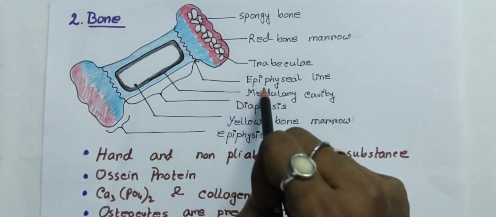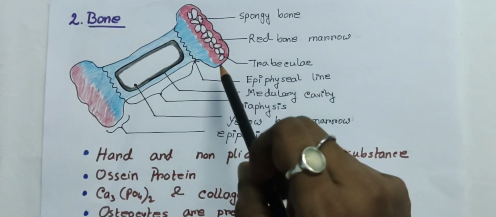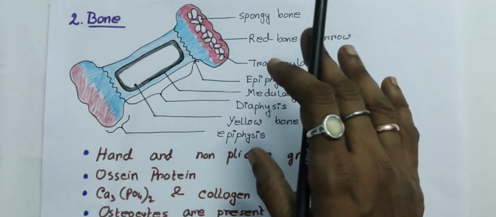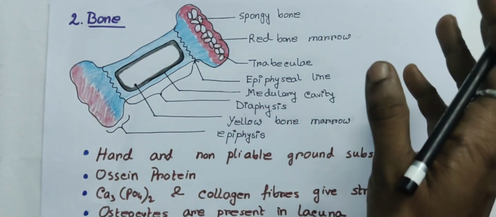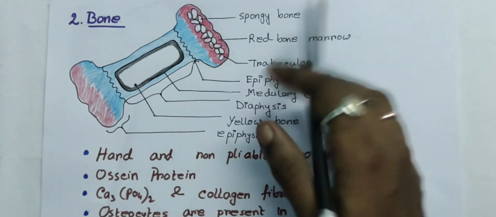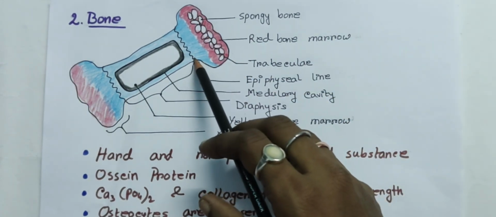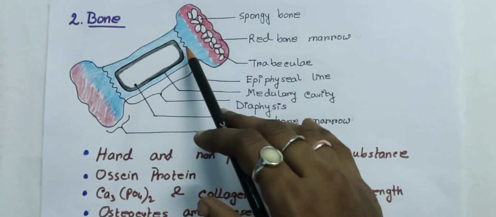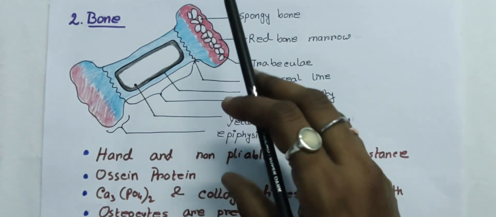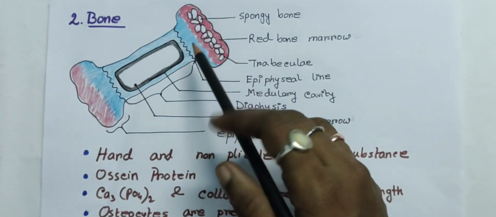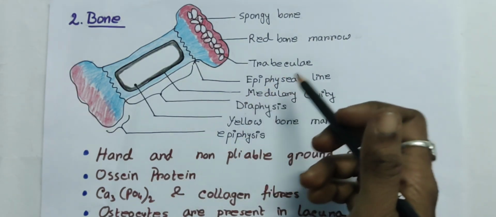That line is called the epiphyseal line. That's why the child or infant can grow up. Whenever they become adult, their growth stops due to the absence of this cartilaginous plate, because the whole plate is turned into bone.